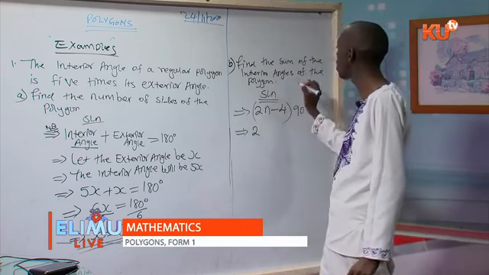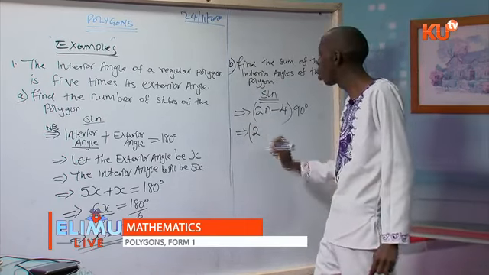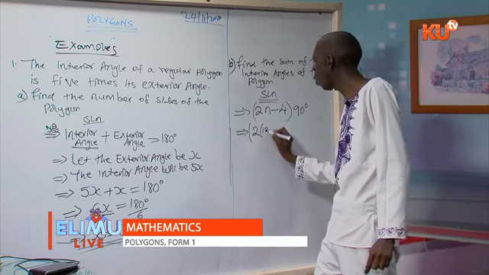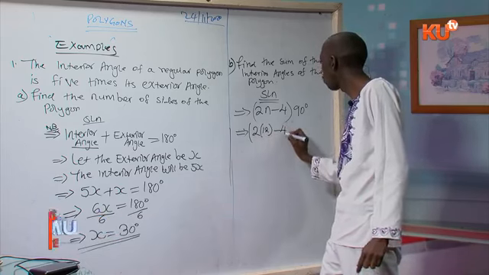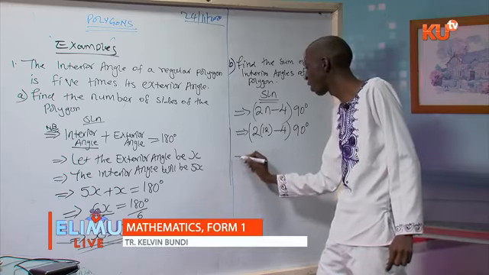Therefore, the sum of the interior angles of the polygon will be 2 multiplied by 12 minus 4, everything multiplied by 90 degrees.